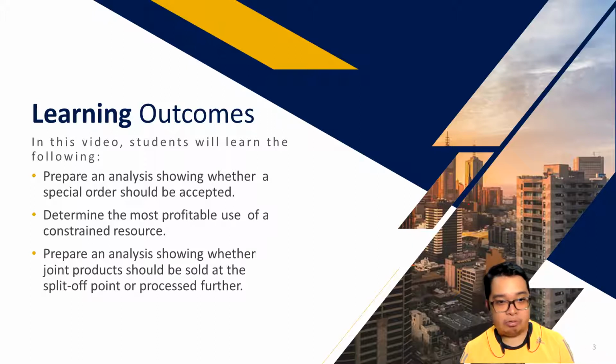Now, should you process it further rather than selling it at the split-off point, or at its original point? That's something that we will discuss in this presentation. These are all applications of the concept of relevant cost.